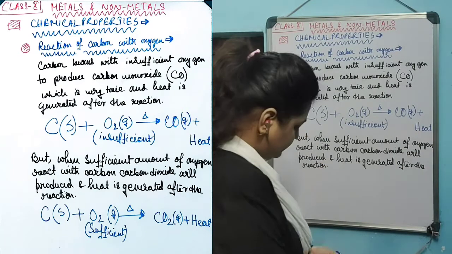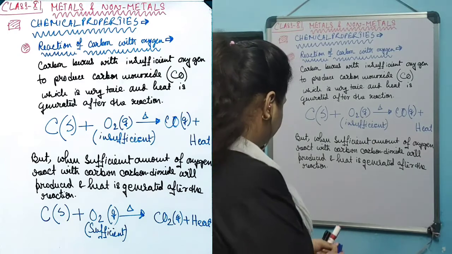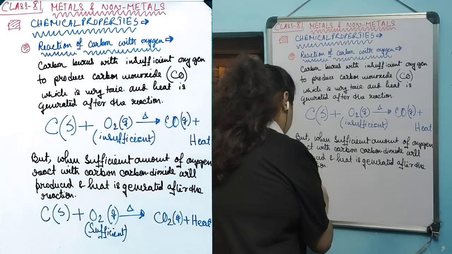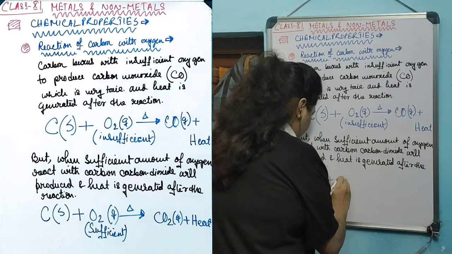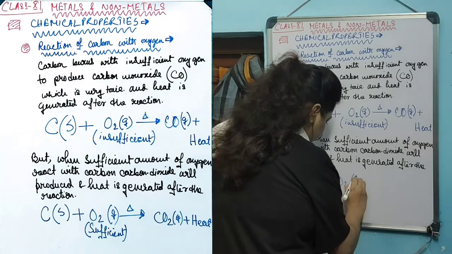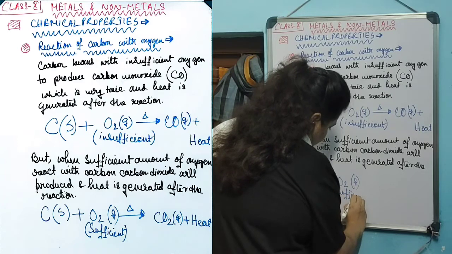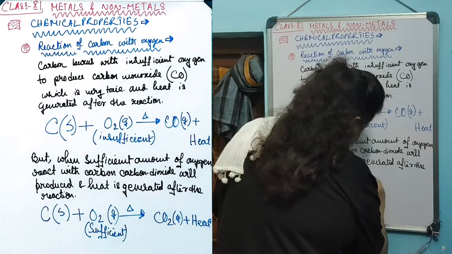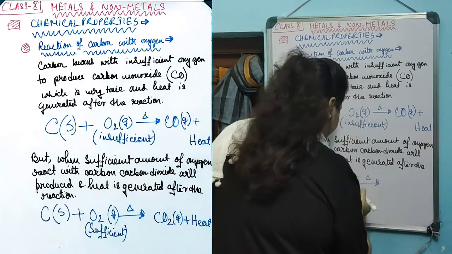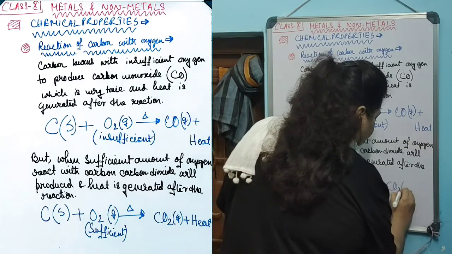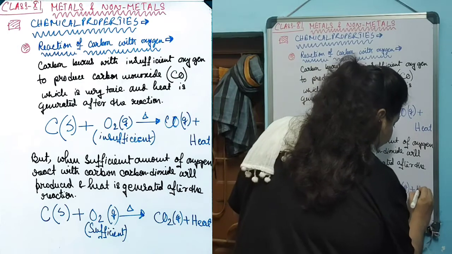So the chemical reaction in the form of an equation will look like: carbon solid plus O2 gas in sufficient amount, burned or heated, produces carbon dioxide gas and heat energy.